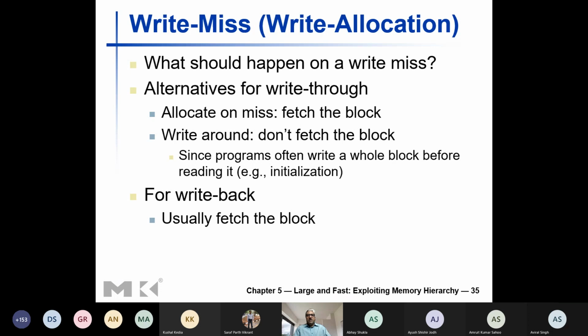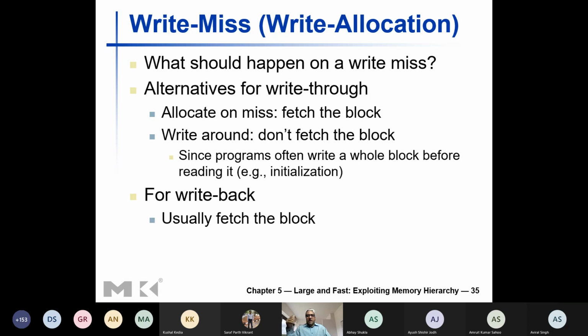So one policy is using write through, where you allocate first of all, because that block is not available. You allocate a space for that particular block in the cache, you bring that block and write into that, and then you perform the write through immediately, or you can use the write buffer and place it over that.